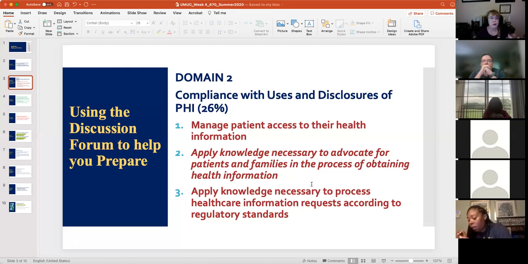This has to do with complying with subpoenas, duces tecums. When do you need patient permission? When do you need patient permission and when you don't, comply.